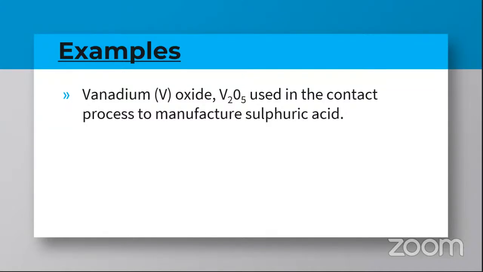We looked at the contact process under sulfur compounds. That was in O level. And I think also we looked at it under period 3 elements, that is at A level. Yes, Deborah.